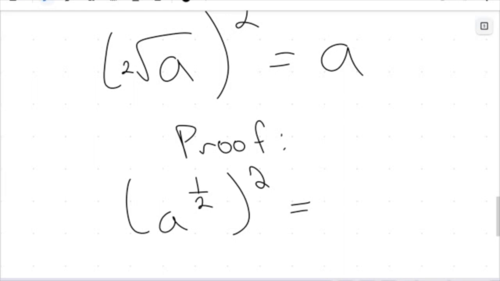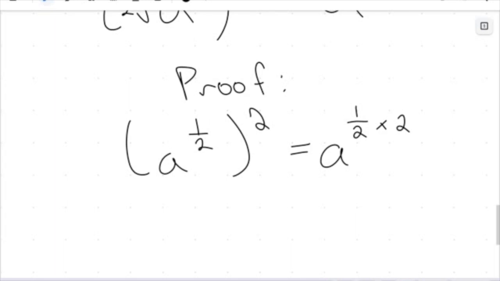This gives me a to the power of, now remember, when we take the power of a power in indices, we can multiply the powers. So I'm doing a half times 2. When I multiply a half by 2, I get 1. So I get a to the power of 1, which equals a.